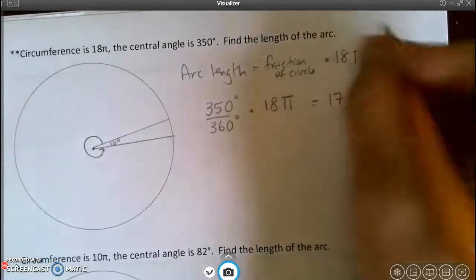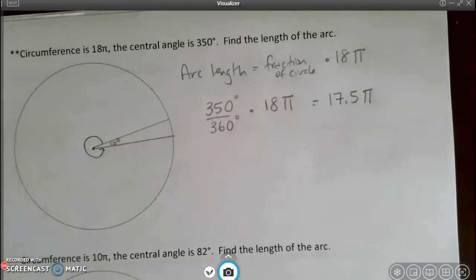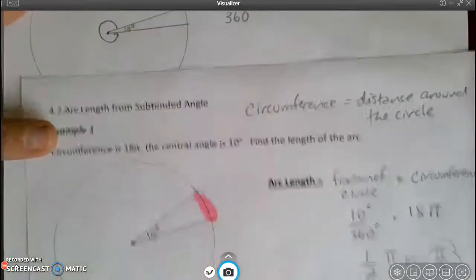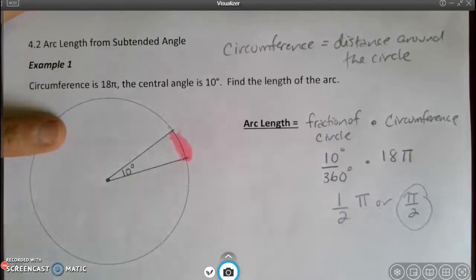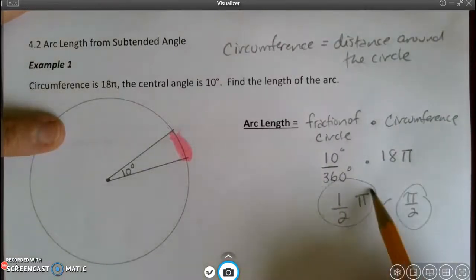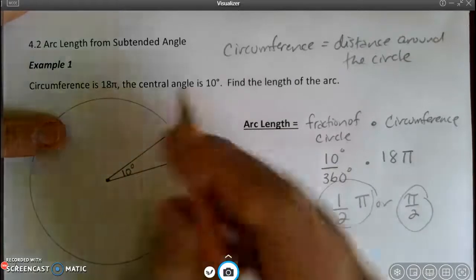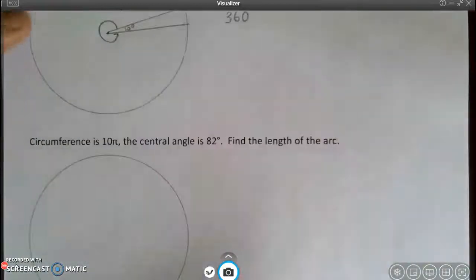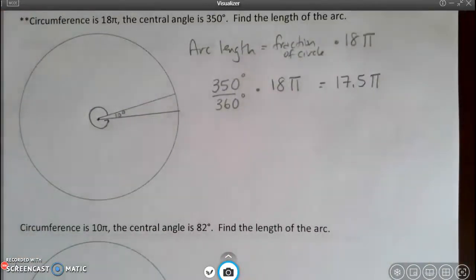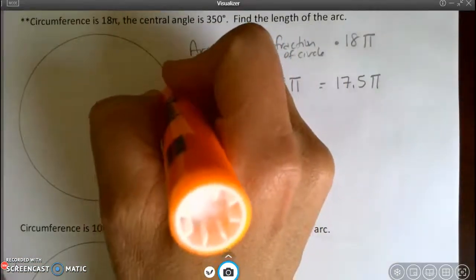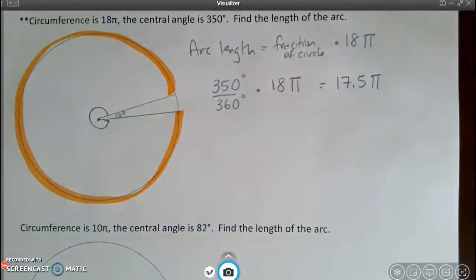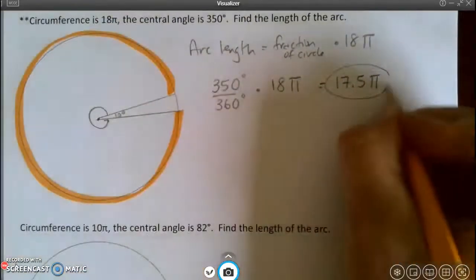pi. Now I put 2 stars here because what I wanted you to realize is that on the problem from the previous page, I'm going to see if I can get these to fit here together. When it was 10 degrees, I had 1/2 of a pi, so the length of this is 0.5 pi. And then we found out in this picture that the length of this is 17.5 pi.